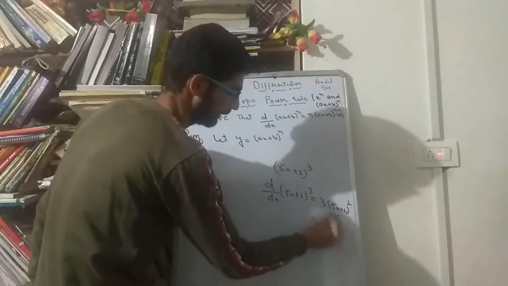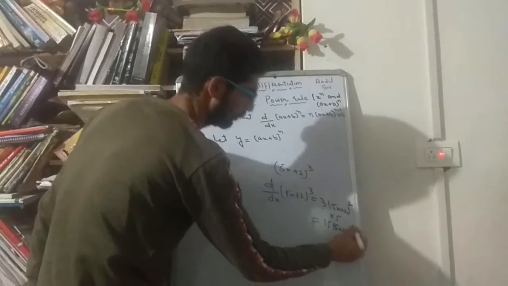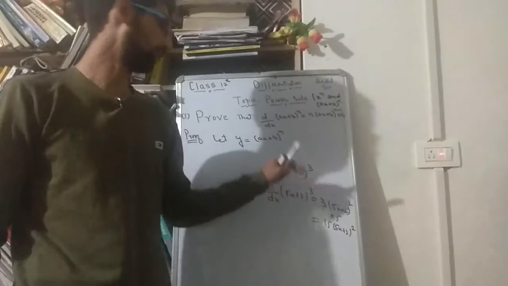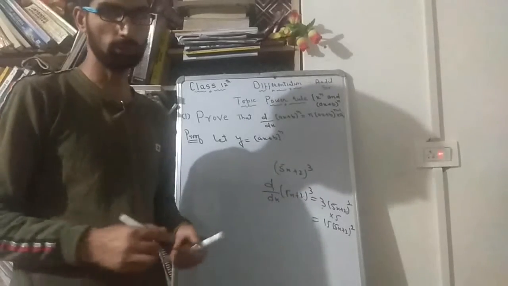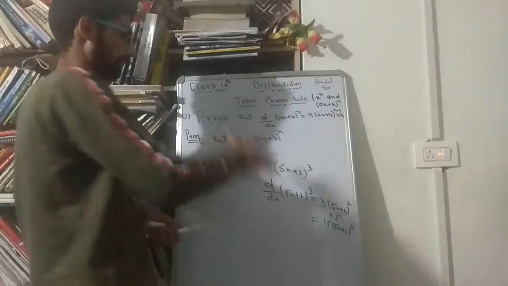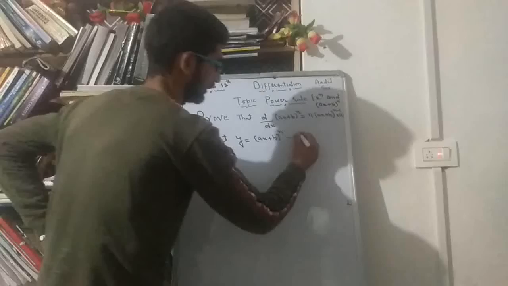So it will be now 3 times 5, 15, (5x plus 2) squared. So this helps us to solve the examples of this kind. Or if we have a linear expression with a power, then we can find the derivative of that very function by this one. So this was a simple example based on this, and with the help of this you can solve the exercise.